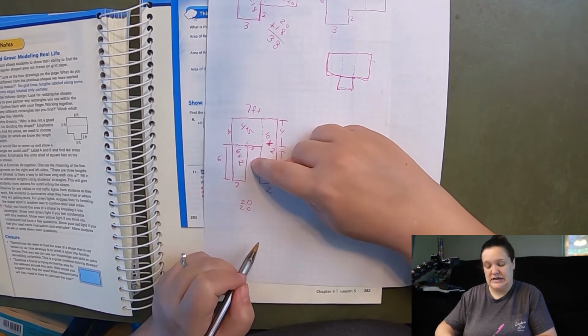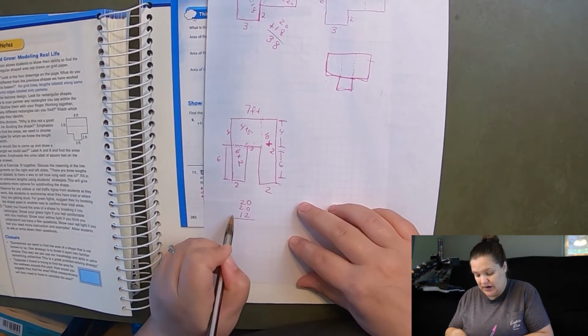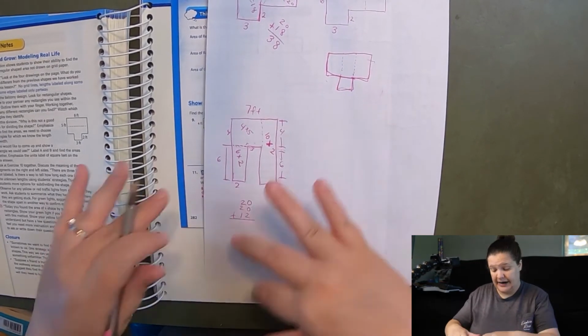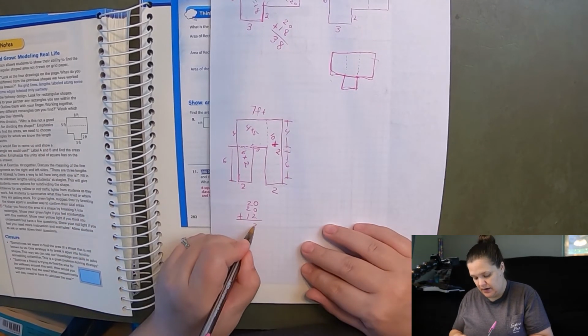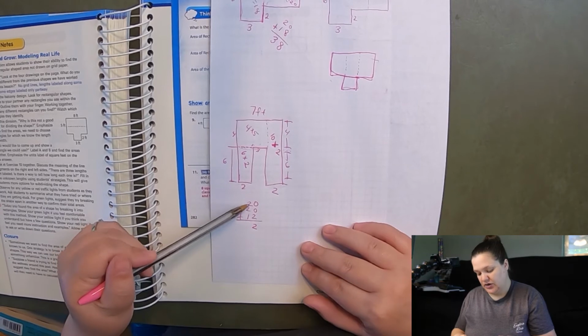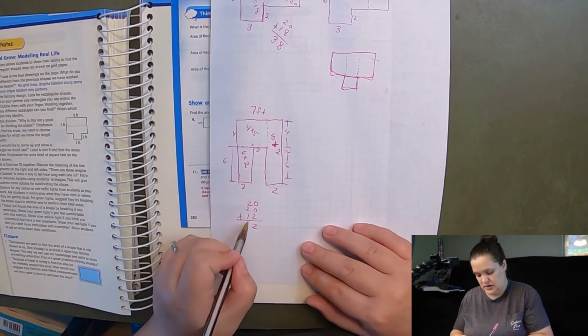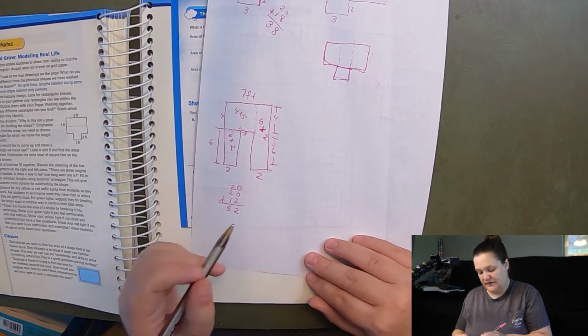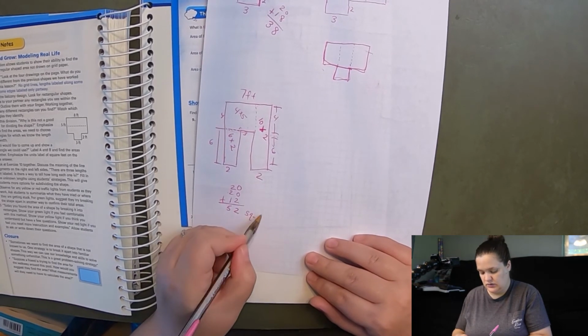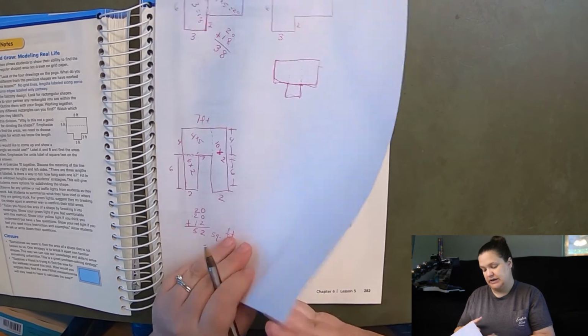And 6 times 2 is 12. So now we're going to add up the areas of our smaller rectangles to get the area of our whole shape. 20 plus 20 plus 12 is 52. So our area, if you remember it's in feet, would be 52 square feet.